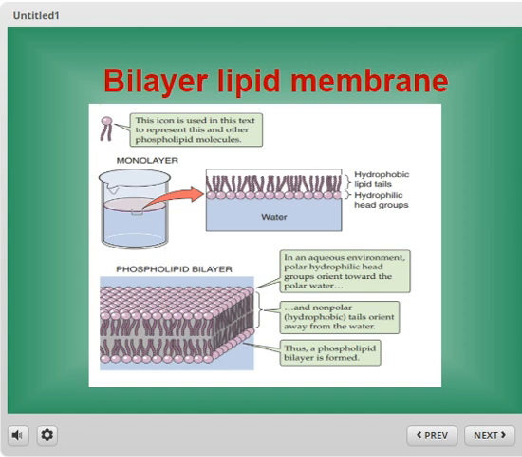As you can see in this picture, the cell membrane is a bilayer, and the basic structure of the lipid bilayer is composed of three main types of lipids: phospholipids, sphingolipids, and cholesterol. The head of the phospholipid is composed of a phosphate group, which is soluble in water.